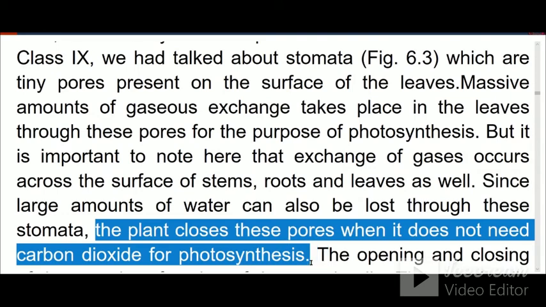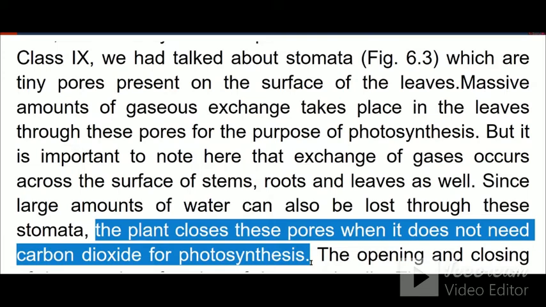Why does it close the stomata? Because there is always loss of water during the opening of stomata, and that is what it tries to conserve. Water is not available easily for plants. Its root has to go deep inside the soil to gain water.